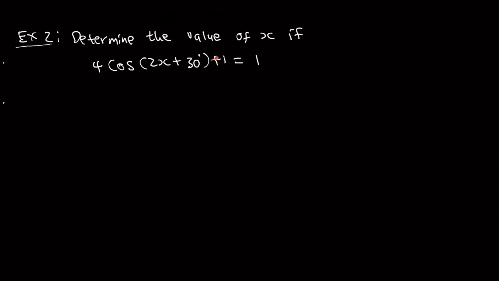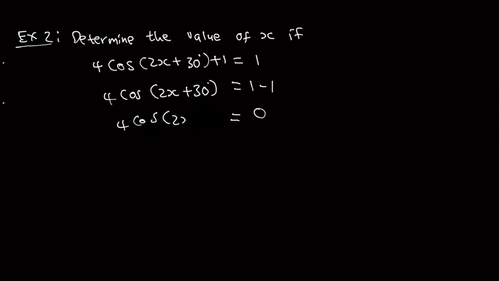When 1 crosses to the other side, it will be 1 minus 1. Now, 1 minus 1 is equal to 0, so I have 0 that side. This side, I still have 4 cos (2x plus 30).